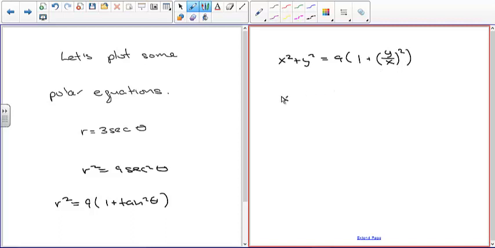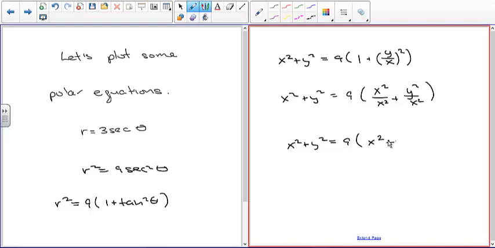And you might think that looks pretty hard, but let's try finding a common denominator here. We're going to combine these two into one fraction. So we get x squared over x squared plus y squared over x squared. Then you can add the two numerators.